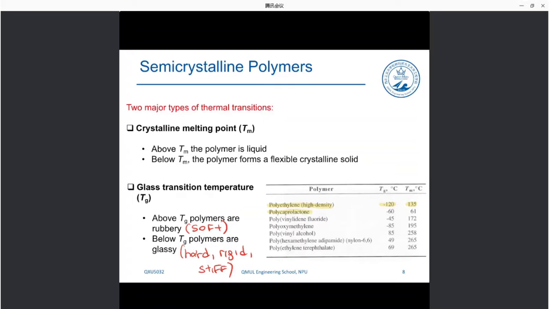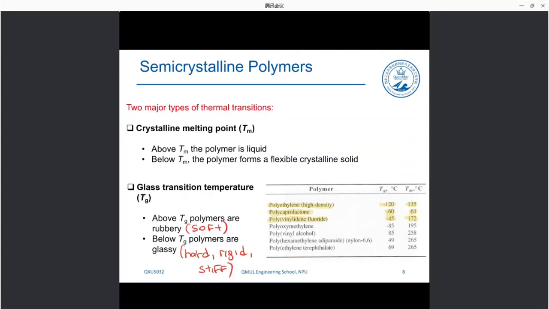Polycaprolactone, which is another interesting material. Minus 60 Celsius degrees, a glass transition, 61, the melting point. So you can realize that polycaprolactone has a very low melting point, but in terms of when we experience it at room temperature, it's still relatively stiff, okay? The same with PVDF, minus 45, a very high melting point, and so on.